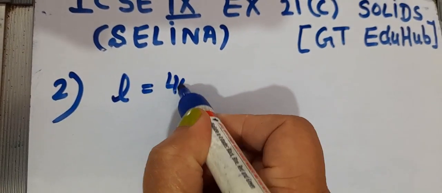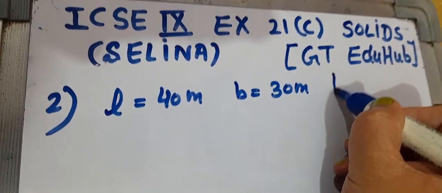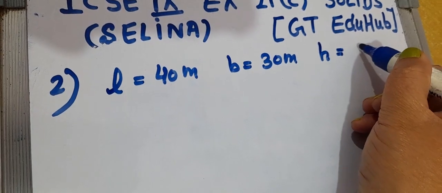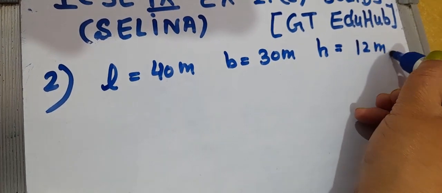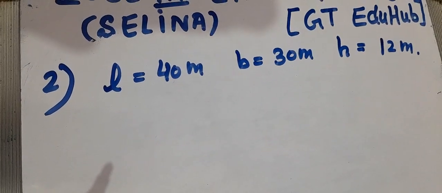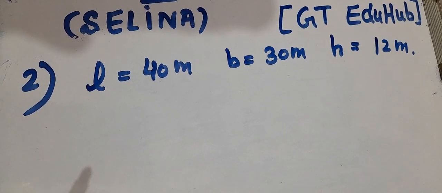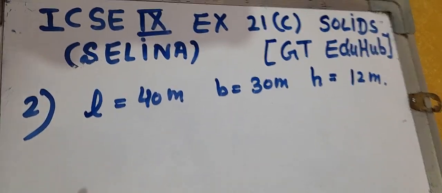So length is 40 meter, breadth is 30 meter and height is 12 meter. If each student requires 1.2 meter square of floor area, find the maximum number of students that can be accommodated in this auditorium.